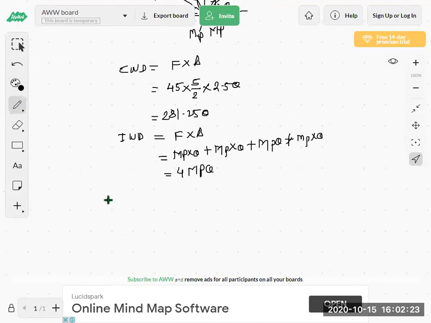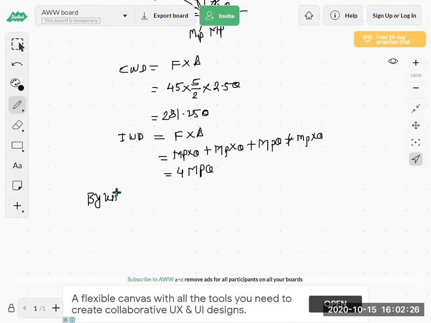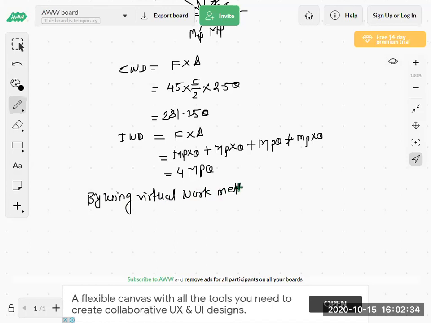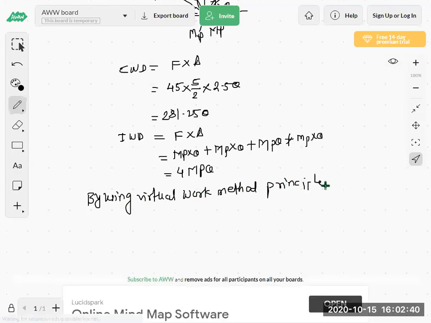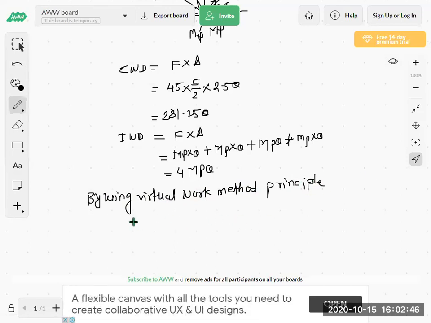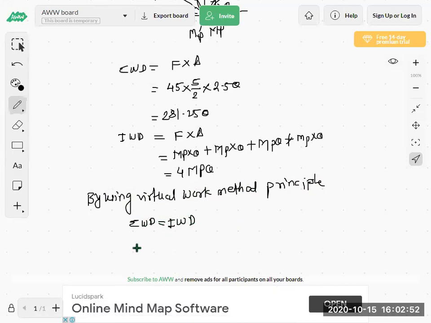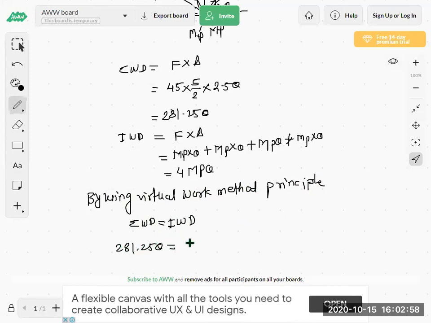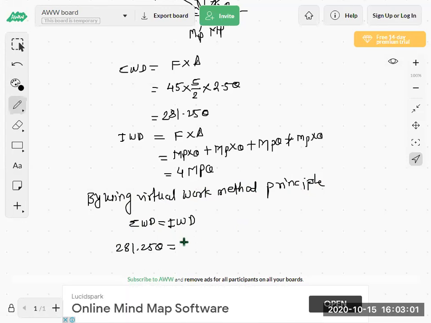Now by using virtual work method principle. So what says virtual work method principle? Virtual work method principle says external work done is equal to internal work done. So external work done 281.25 theta is equal to internal work done, 4 MP theta.